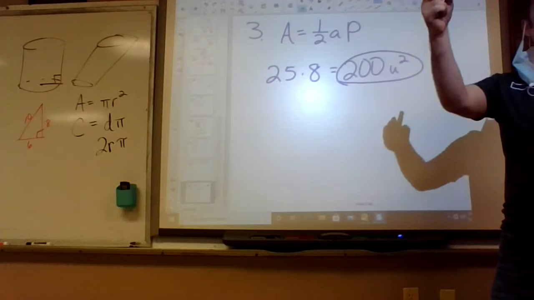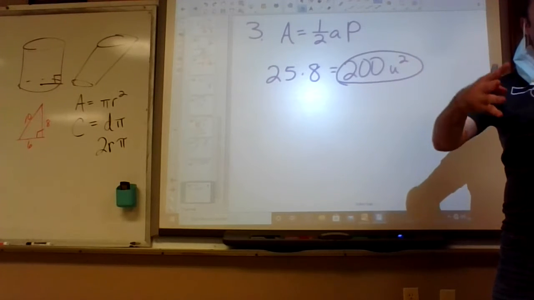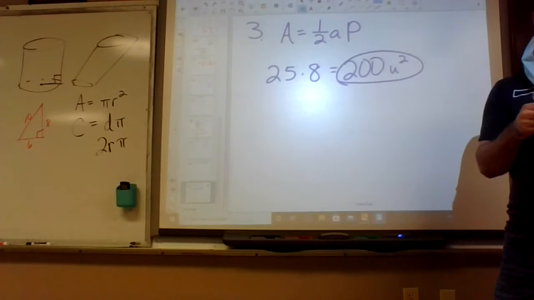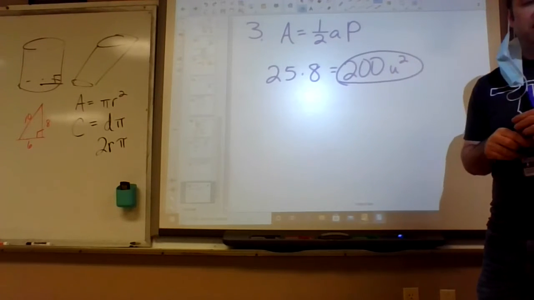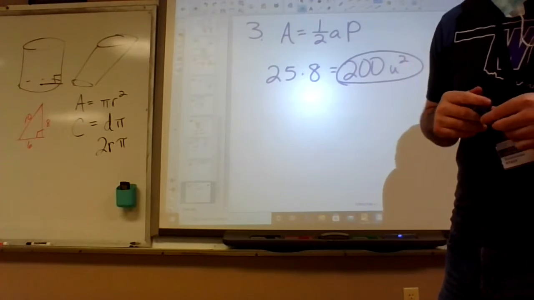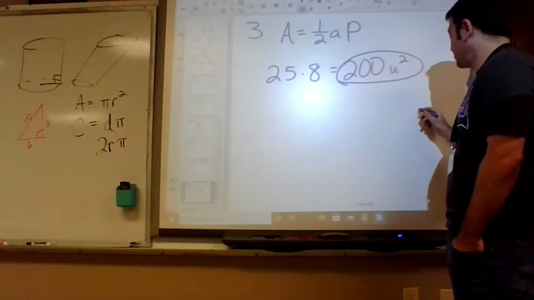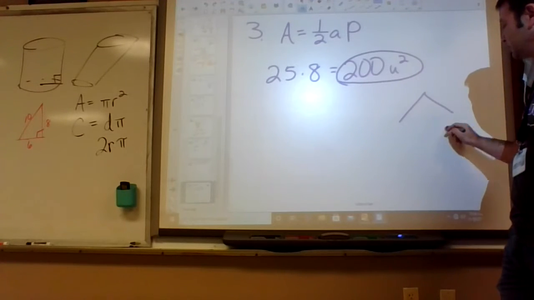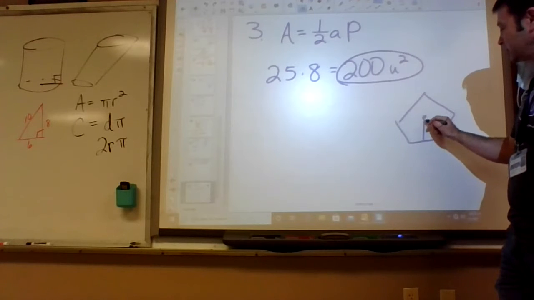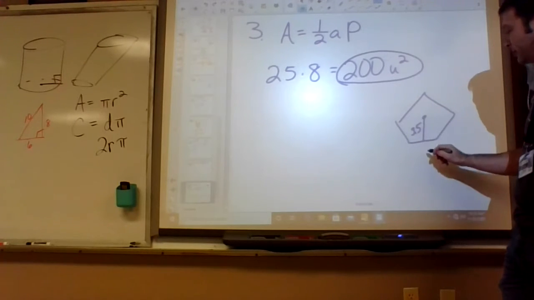Okay, so all we've done so far is find the area of the up and down sides. We're still missing the area of the top and the bottom. So we need to find the area of a regular pentagon with an apothem of 3.5.